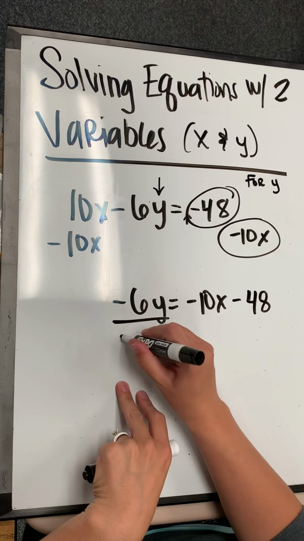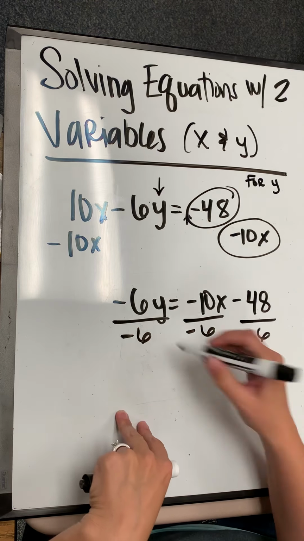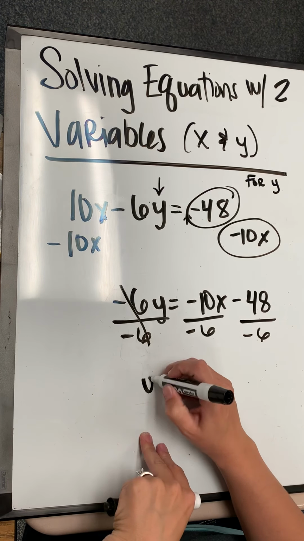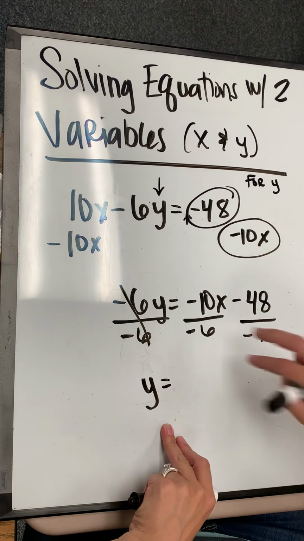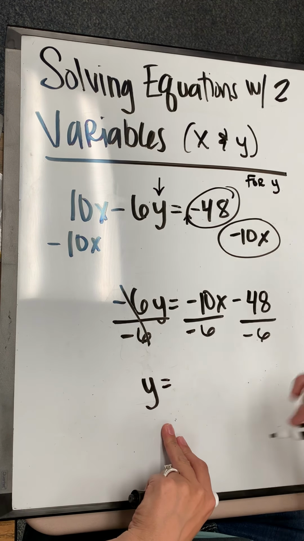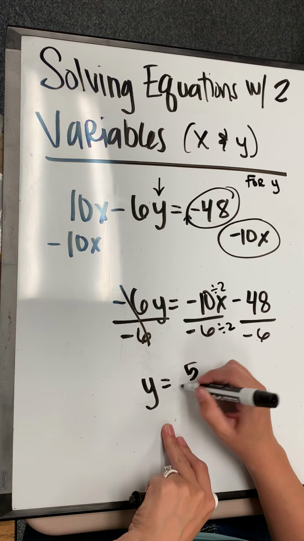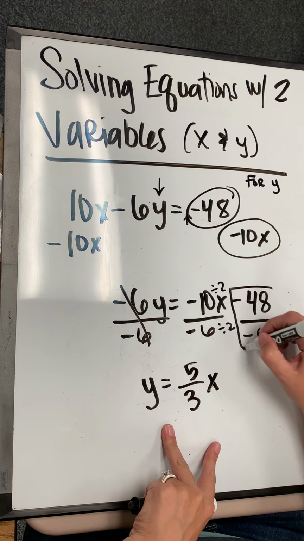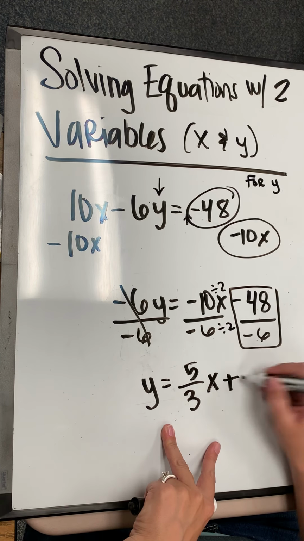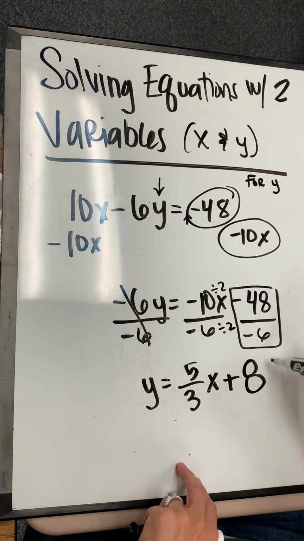And then when I divide by my negative 6, divide by my negative 6 and divide by my negative 6, then I will see that y is equal to, negative divided by negative is a positive, so this number turns to be positive, and they're both divisible by 2, so it reduces down to 5/3 x. Negative divided by a negative is a positive, and then 48 divided by 6 is 8. And that would be my answer.